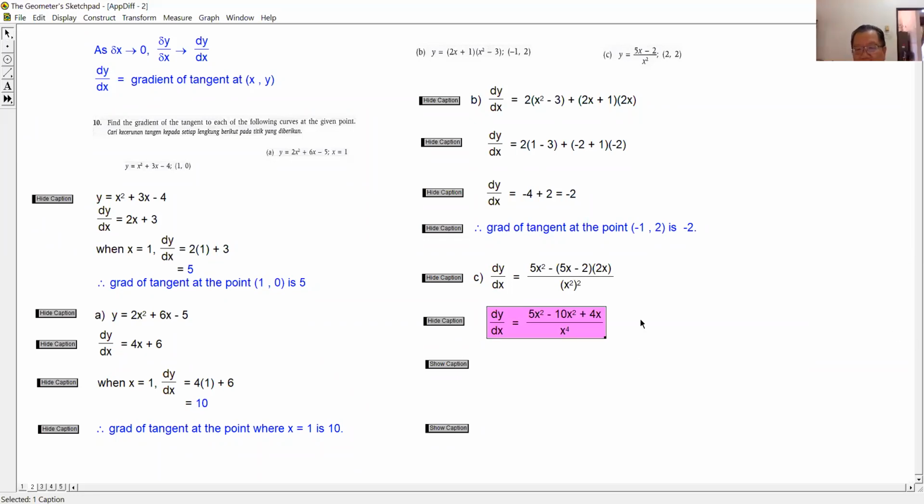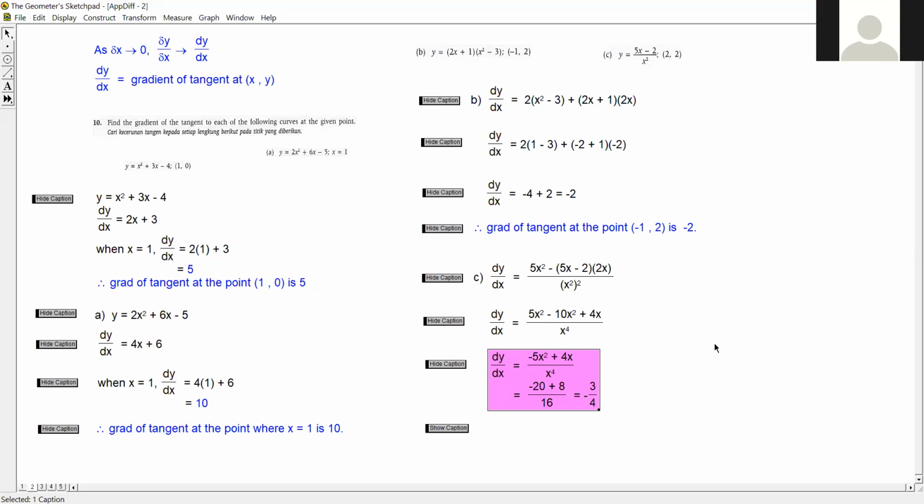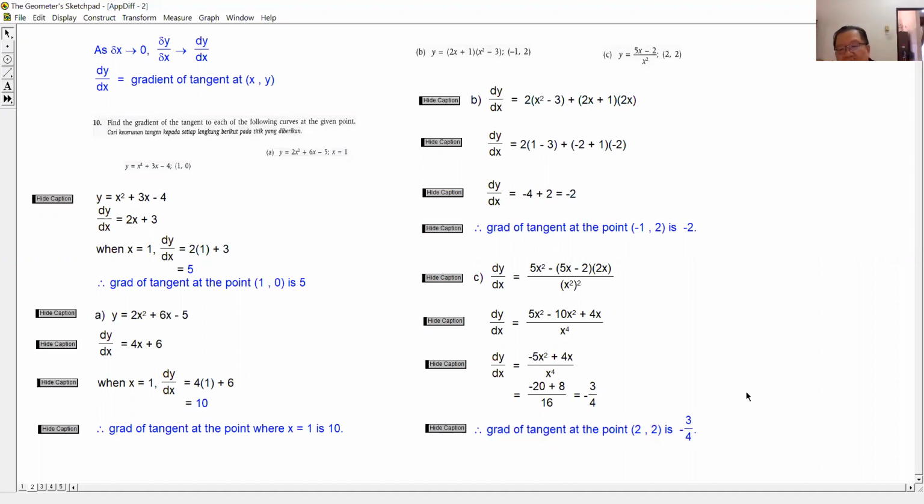You expand and gather the terms together. Finally, the dy dx is negative 5x squared plus 4x divided by x to the power 4. And substitute x with what? Substitute x with 2. Correct. Finally, the gradient of tangent at the point 2, 2 is negative 3 over 4.